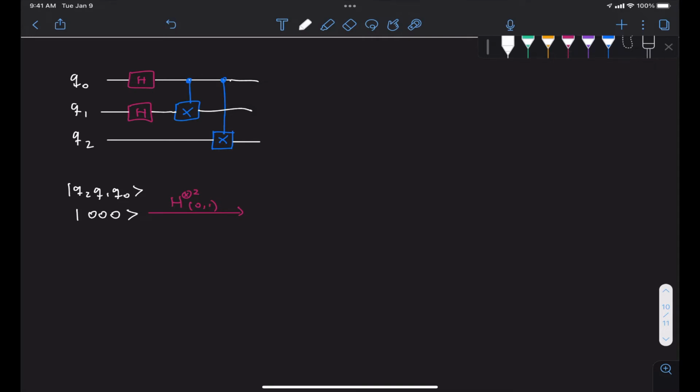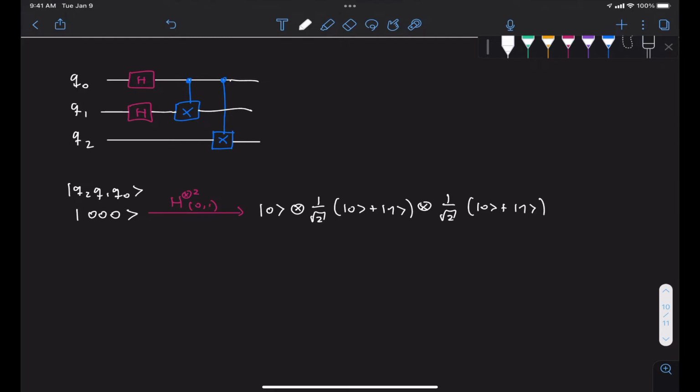So if we separate this, we know that on qubit 2, there's no Hadamard gate applied, so the state stays the same. And we have this tensor with 1 over root 2, 0 plus 1, which is for qubit 1. And again, tensored with 1 over root 2, 0 plus 1, which is for qubit 0.